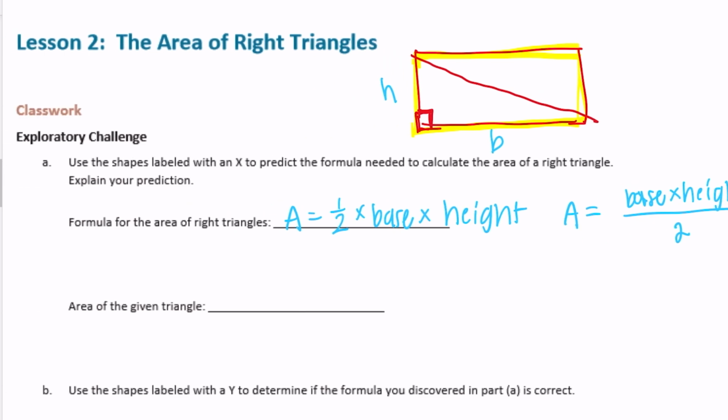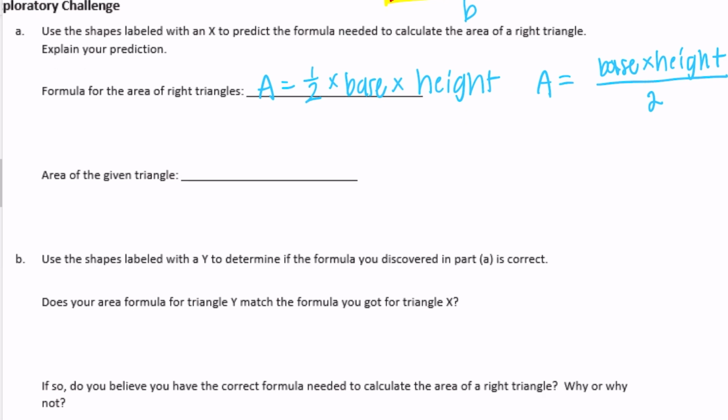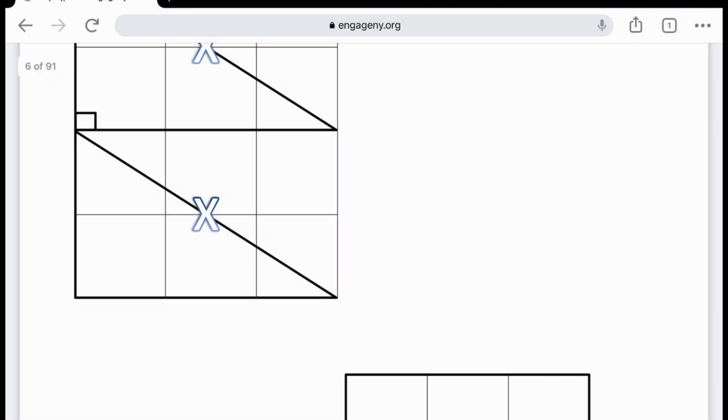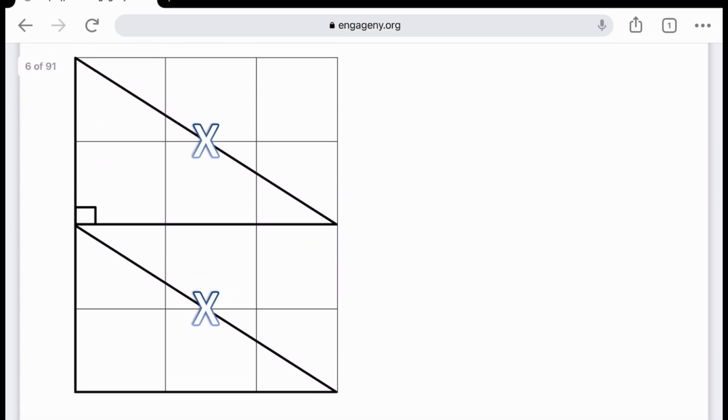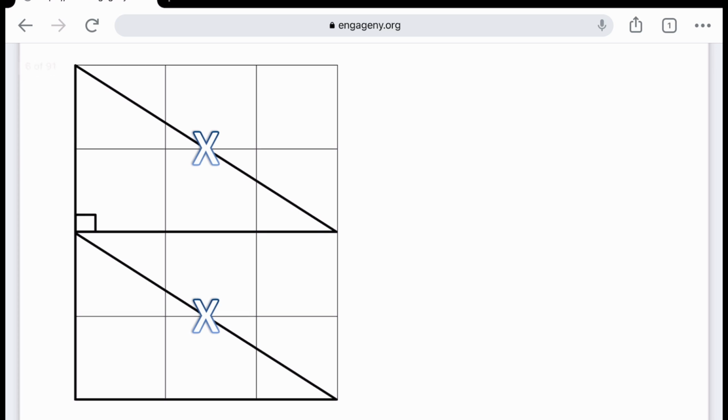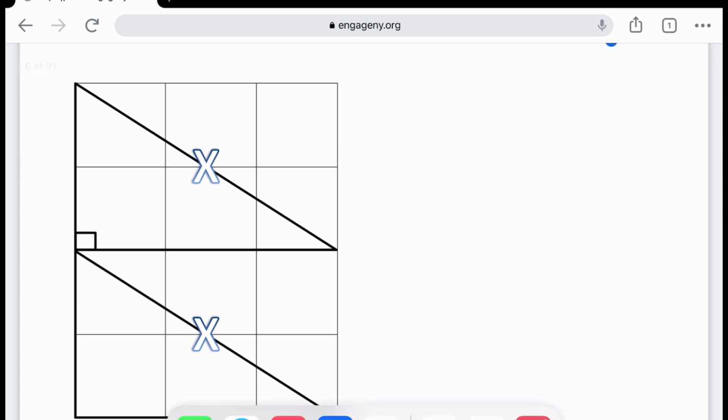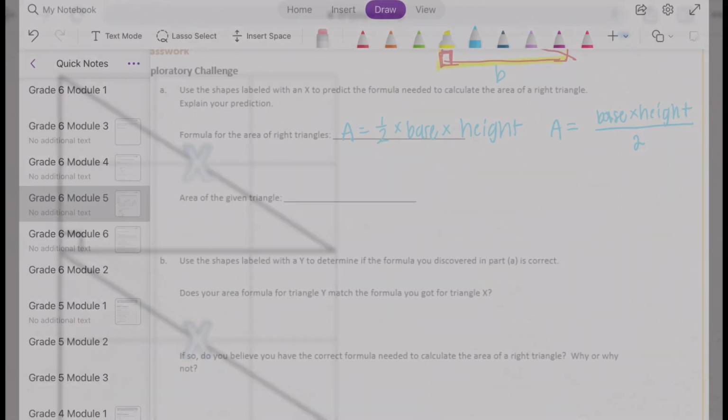So the area of the given triangle here, if I go back to this, the base is 3, it's 3 across, and the height is 2. So 3 by 2 would be the area of the rectangle, but then we need to find half of that.